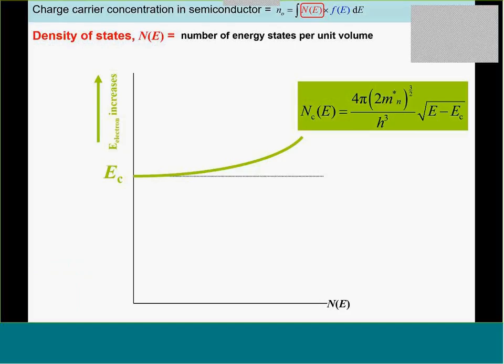Say we get our E somewhere around here, so we can find the density of states in this particular region per unit volume.